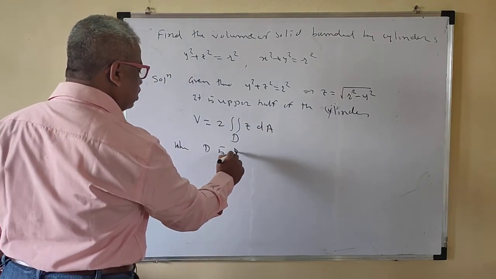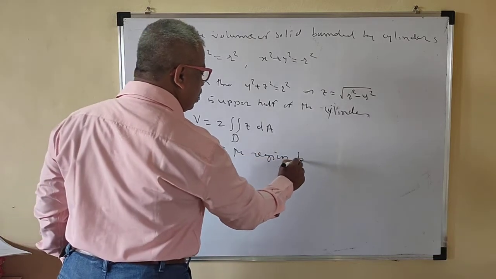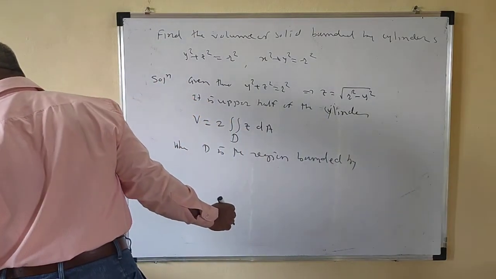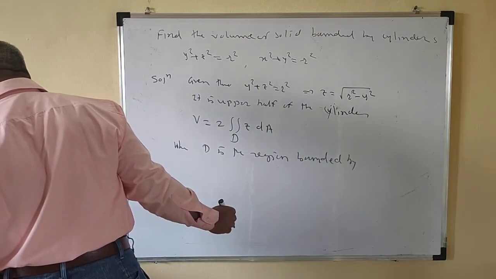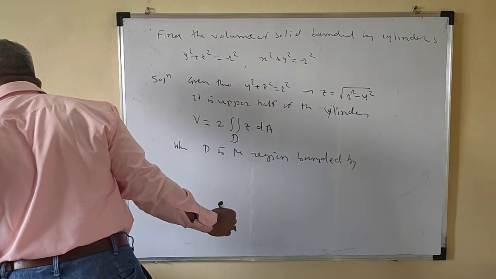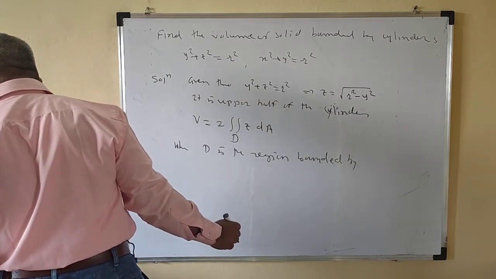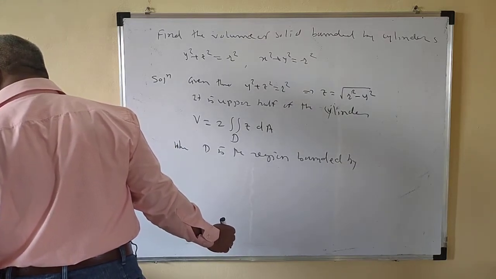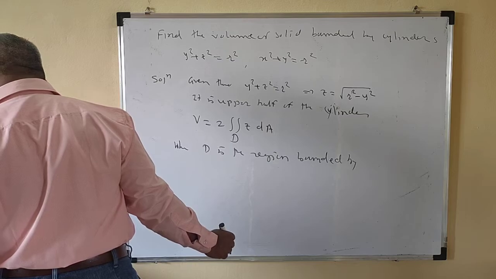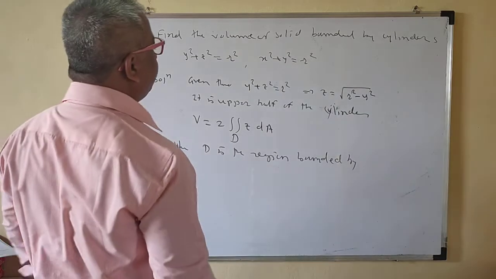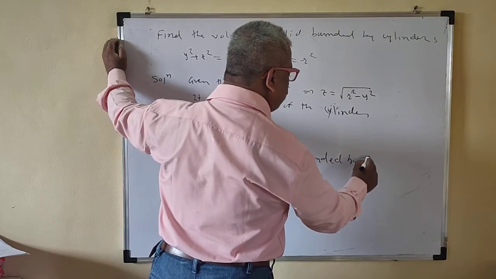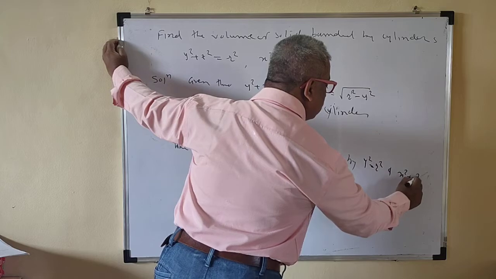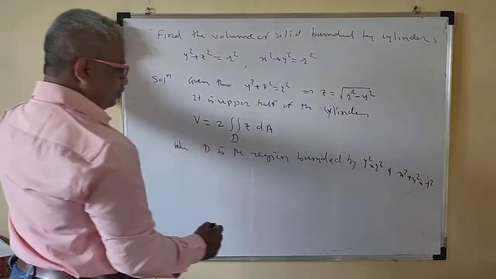D is the region bounded by y square plus z square is equal to r square and x square plus y square is equal to r square.